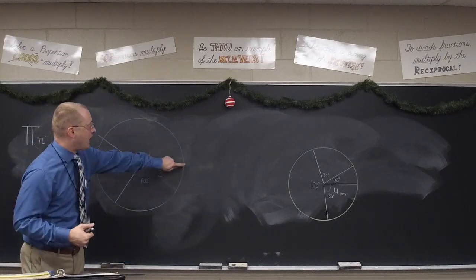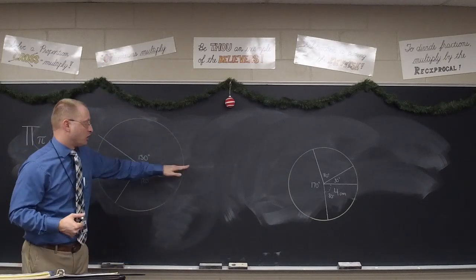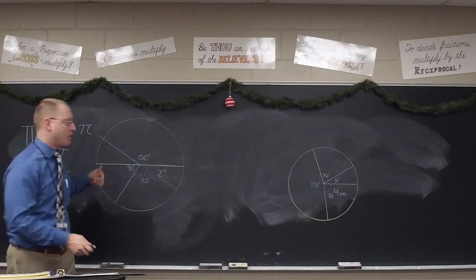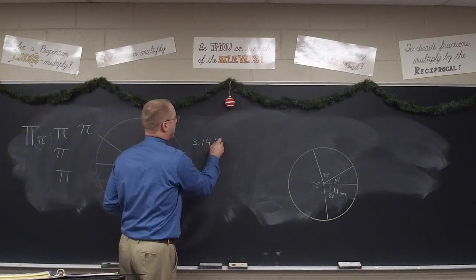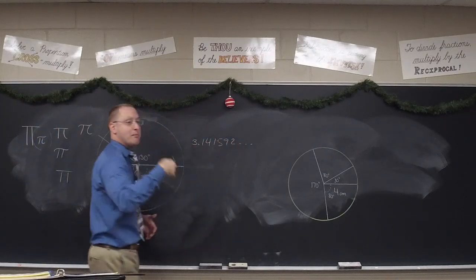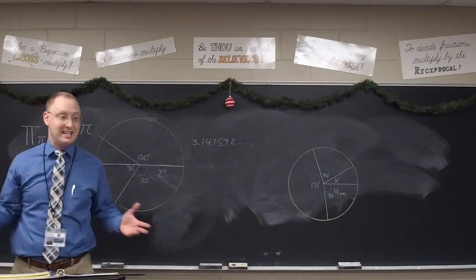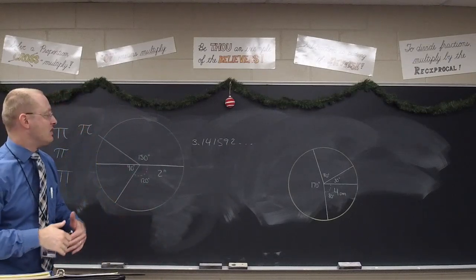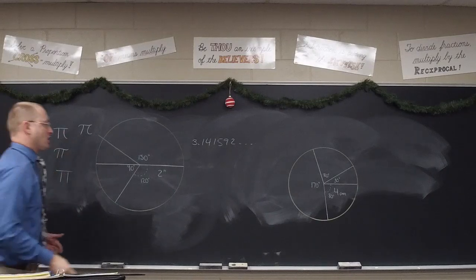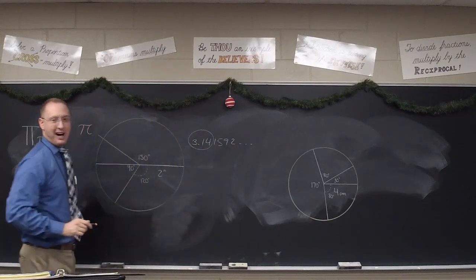If you could measure how far the ant ran versus the cheater ran one way, it would come out to 3.14159, and it would just keep going and going. Never stop, never repeat, never end. We're only going to use this part of pi.